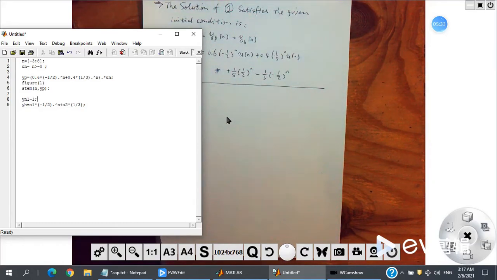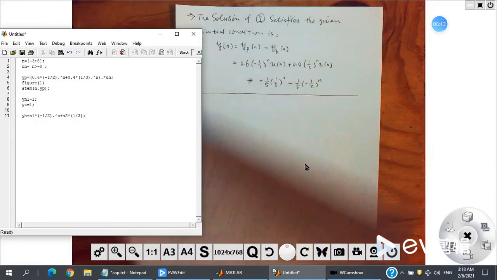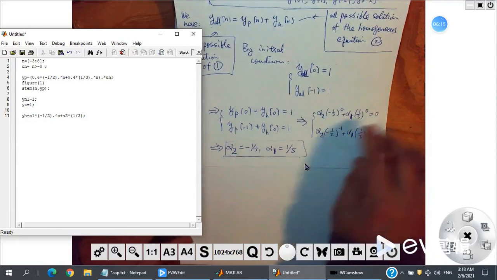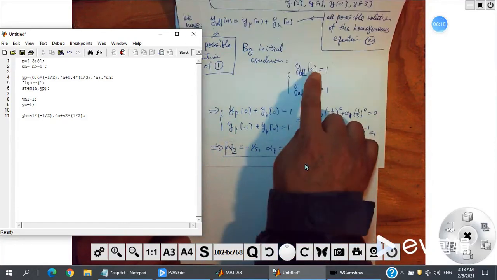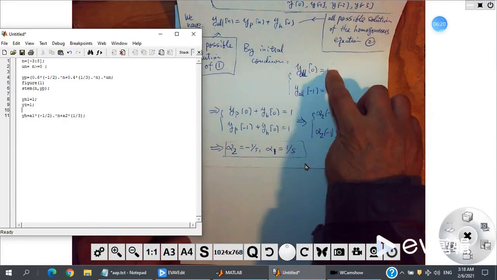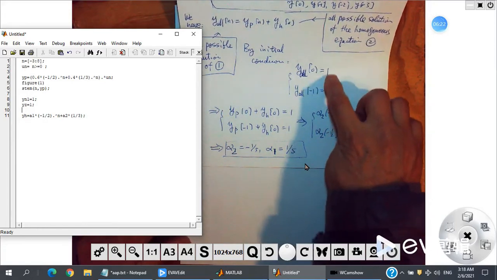First of all it is 1, as we did in the example, and y of 0 is also 1. And then we have a1 and a2. We solve for a1 and a2 by the initial conditions, right? Now we use 1 and 1, and we can change these two values.